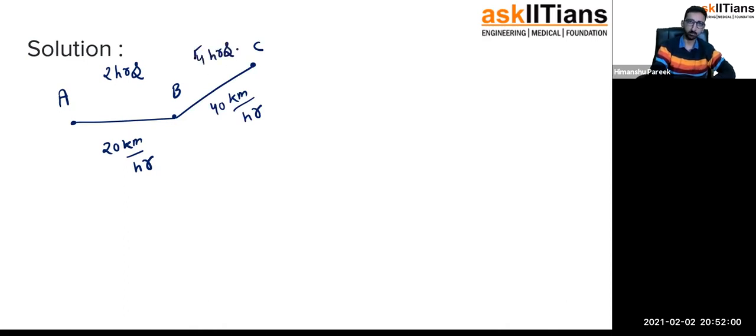Or let's take some different number, 5 hours. And then you go to D. The time taken to cover this distance is, let's say, 1 hour. And the speed with which you travel from C to D for the entire path is, let's say, 50 kilometers per hour.